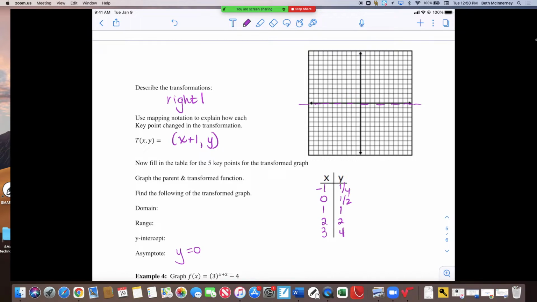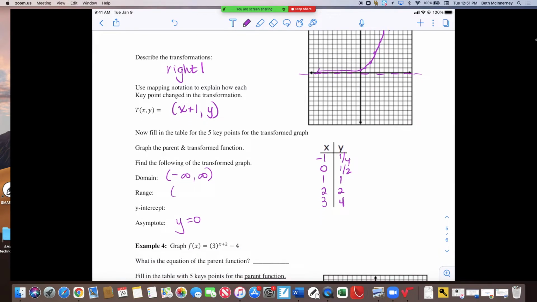So I have (3, 4), (2, 2), (1, 1), (0, 1/2), and (-1, 1/4). So all that happened is we moved the graph right 1 unit. So the domain is -infinity to infinity.